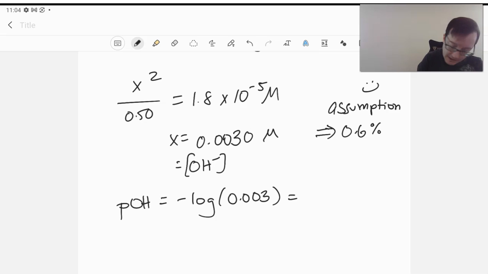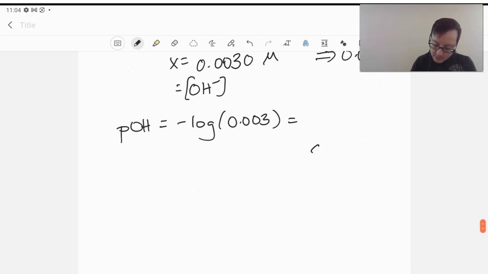Okay, if we go ahead and log this, negative log 0.003, we get, oops, wow, 2.52287, whatever. We have 2 sig figs here.